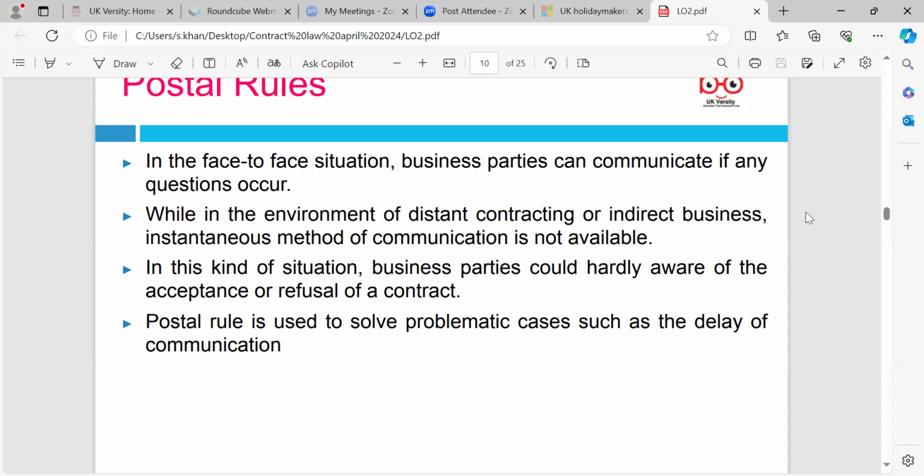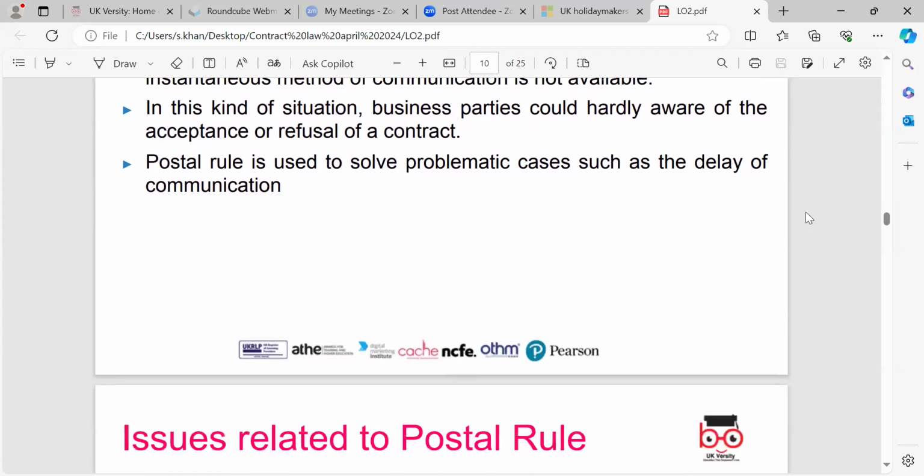These postal rules are relevant to the modern day because you can still end up making contracts via letters and by post. Furthermore, there's a general rule that acceptance occurs at the point of communication, as we mentioned, so instantaneous communication, such as a phone call or telex, will mean the acceptance has been communicated to the other party.